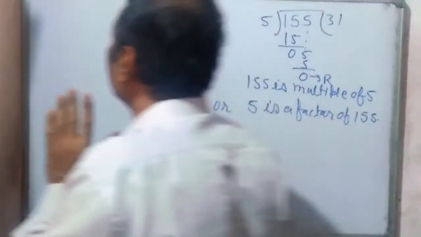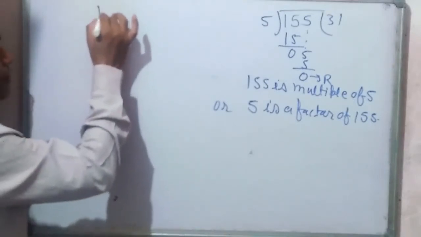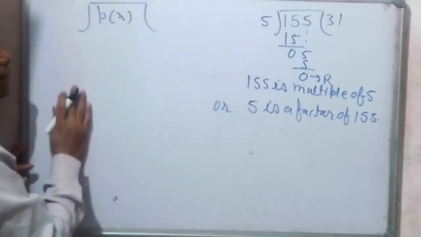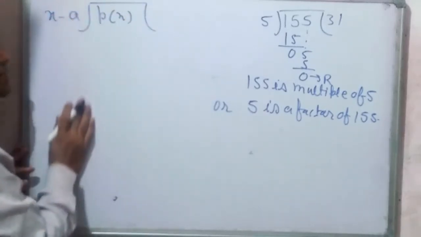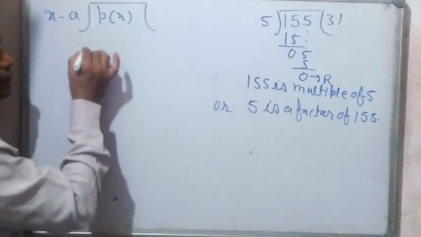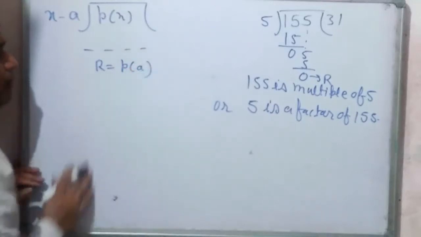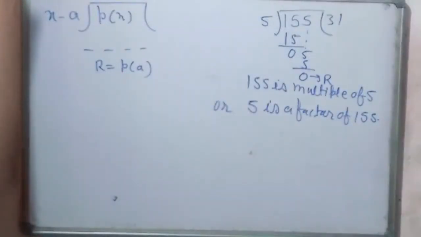Let us correlate this with the remainder theorem that we have understood. We said if we are dividing a polynomial p(x) by x minus a, the remainder is p(a). That's what remainder theorem is.